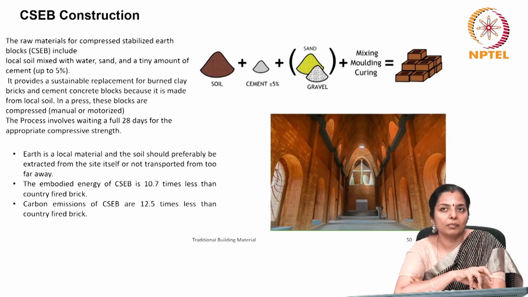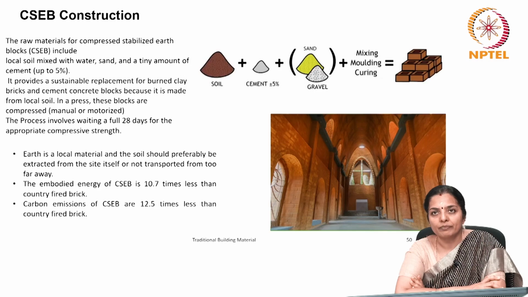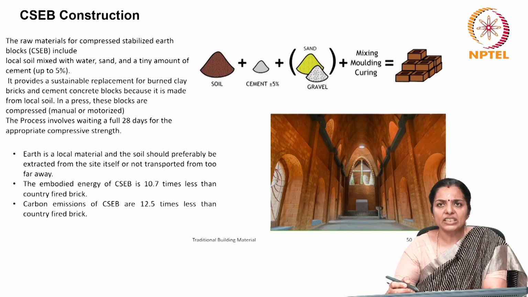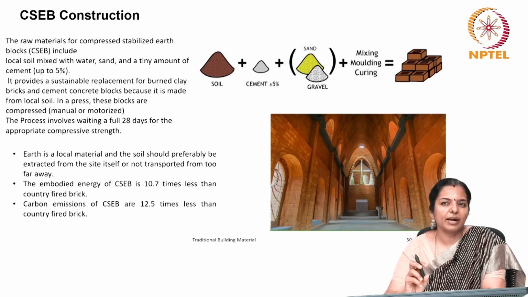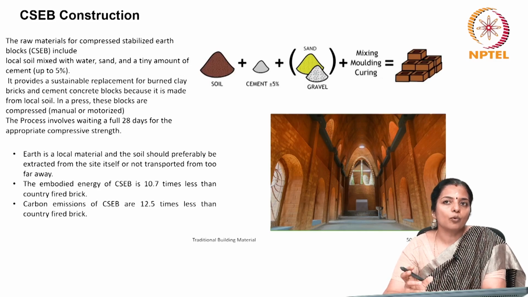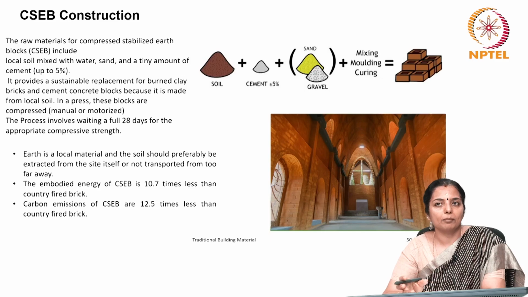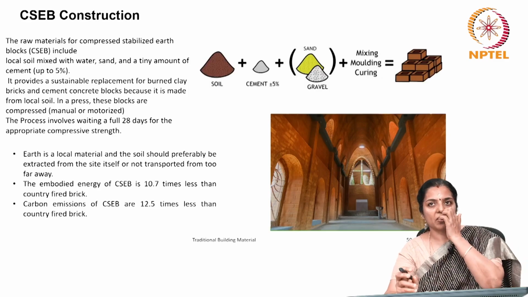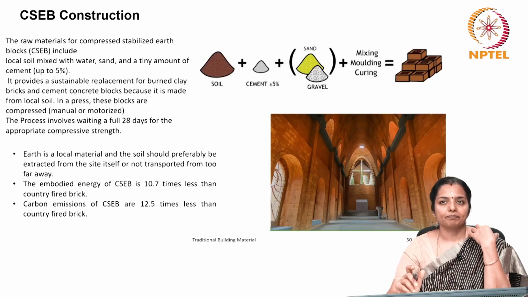These blocks are compressed, sometimes manually, sometimes motorized also, and the soil, raw or stabilized, is slightly moist. It's made moist so that compression is better, and it is poured into a steel press with or without stabilizers and compressed either manually or through a machine press, and you get CEB, compressed earth blocks.